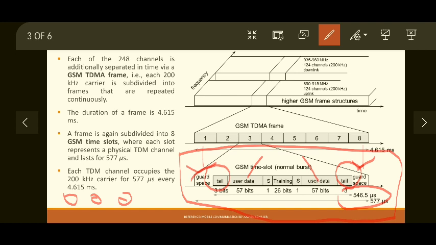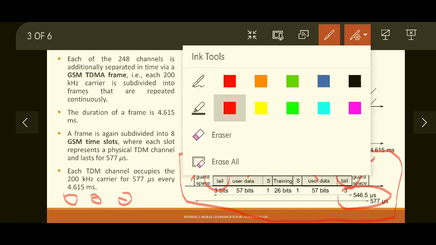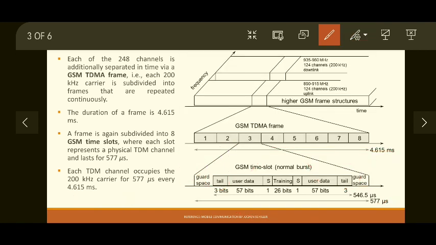So out of the total user data transmitted within 577 microseconds, only 114 bits of user data get transmitted. The total number of data bits transmitted is 148, out of which 114 are entered by the user. The remaining 34 are control information like tail bits.